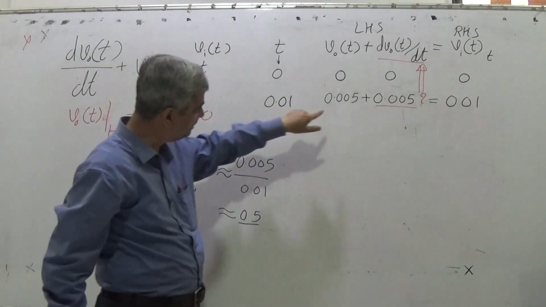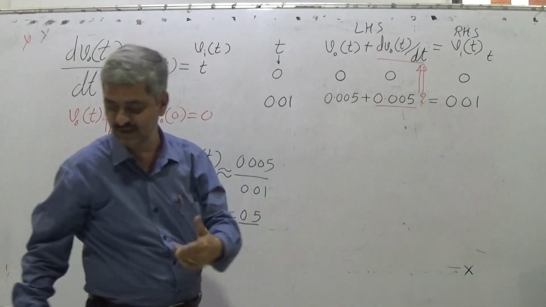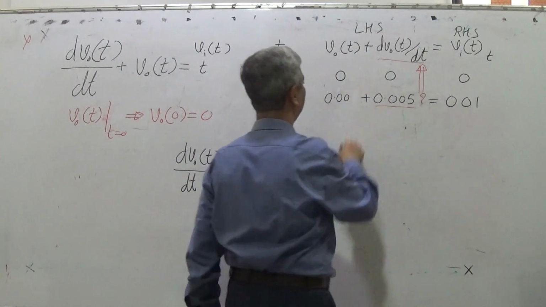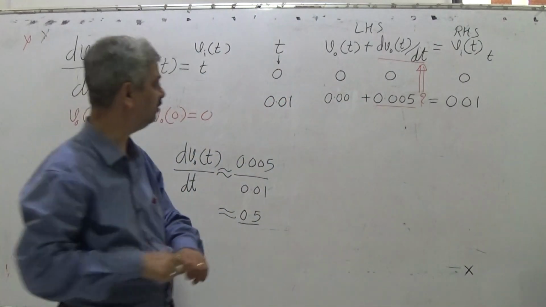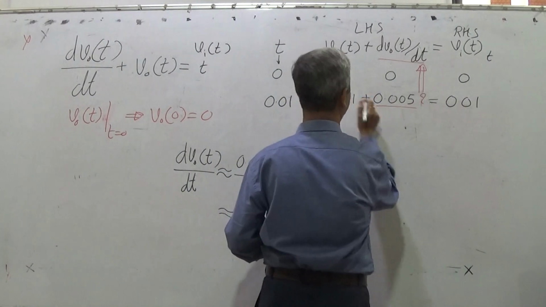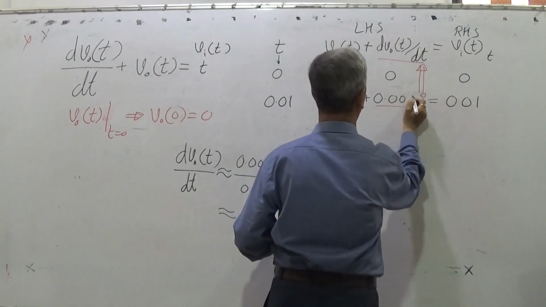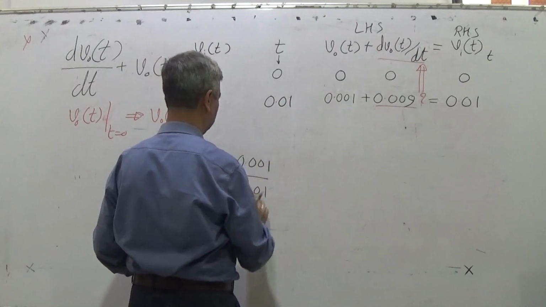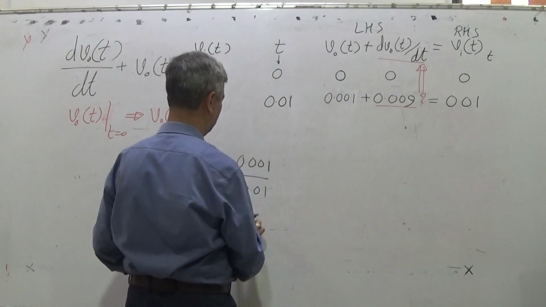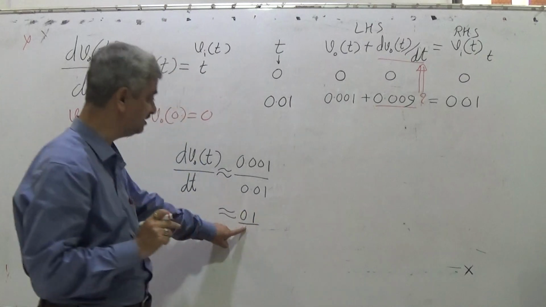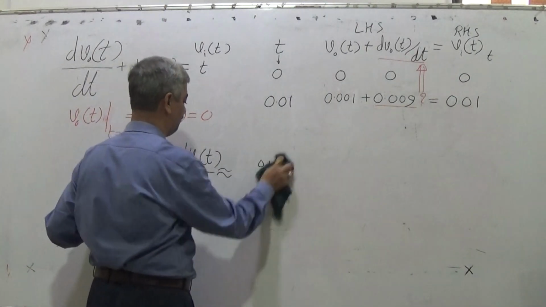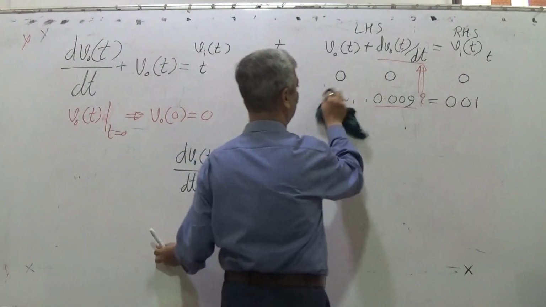So the change I assumed is more. If I make it less, let us say 0.001, this would be 0.009, and this would be 0.1. Still this is more. So how do we actually solve it? Instead of doing this, what can you have?